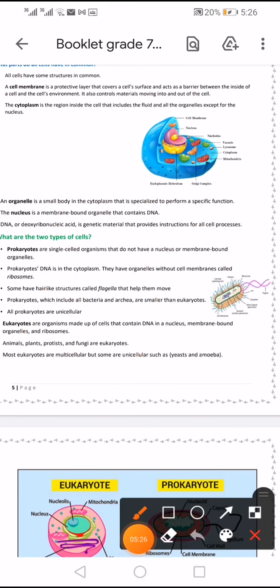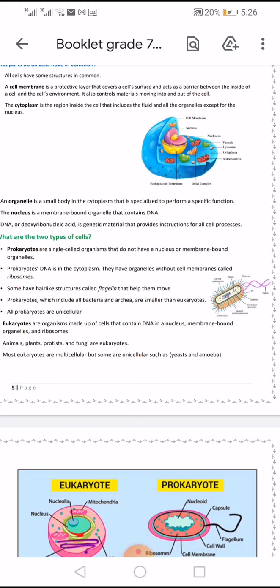Prokaryote DNA is in the cytoplasm. So prokaryotes do not have a nucleus. So what about DNA? I said before that DNA is present in the nucleus. So the DNA of a prokaryote cell is present in what? In the cytoplasm, sorry, not in the nucleus.